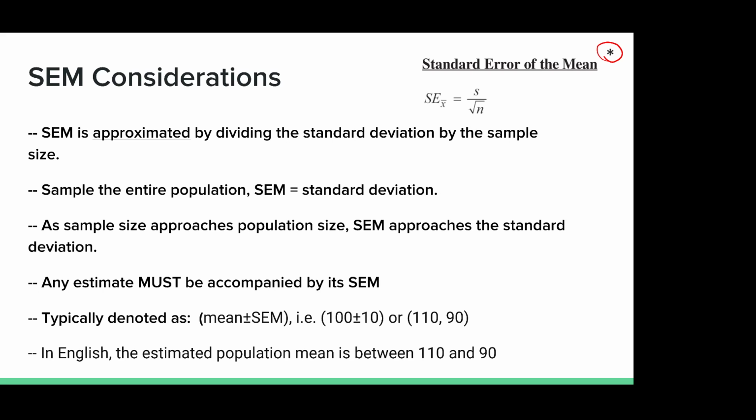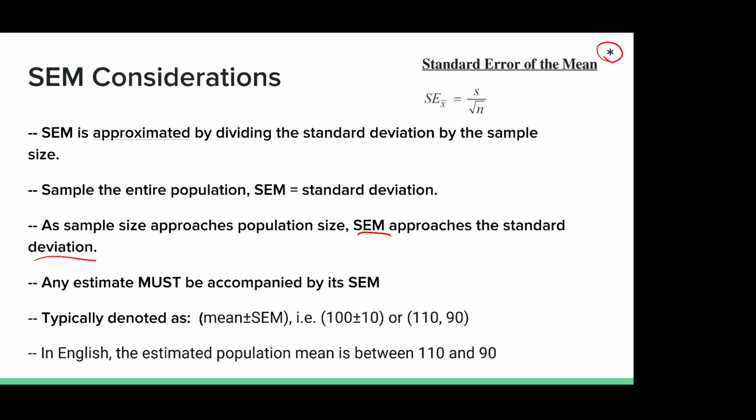So what that tells us is that as the sample size approaches the population size, the standard error of the mean approaches the standard deviation. So it's kind of easy to get these two confused because the 2SE approximation method kind of gets you to the point where you are going to be confused by it.